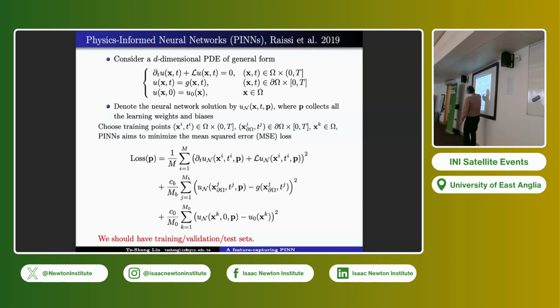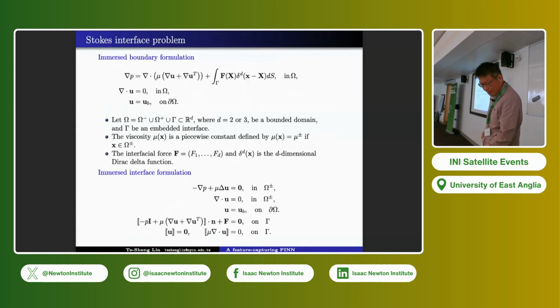So if you change, let me say again, if you change this G, you need to change the network again, you get a different network. So for every single boundary or initial condition, you need to train one network to satisfy this equation.